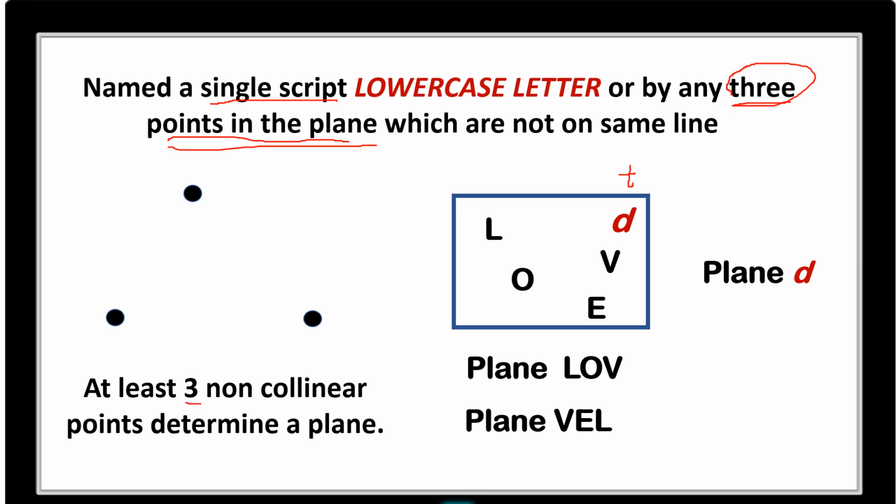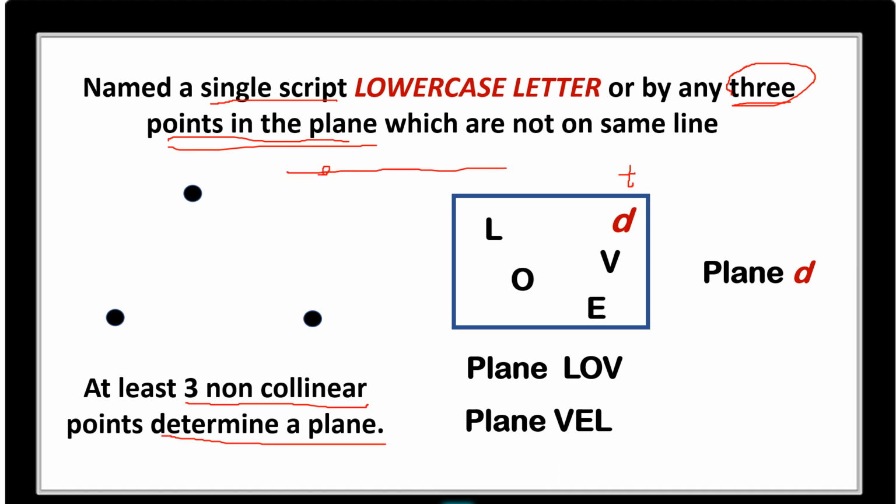Aha, meron siya ditong very important verse na kung meron daw po tayong tatlong non-collinear points, ay makakagawa na po tayo ng isang plane. When we say non-collinear points, those are points that do not lie on the same line. Ibig sabihin, yung points na yan ay wala po sa isang line.